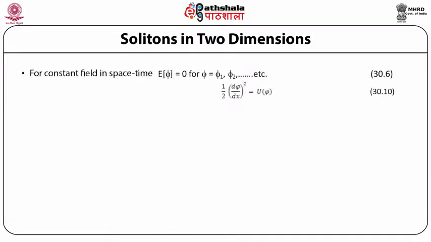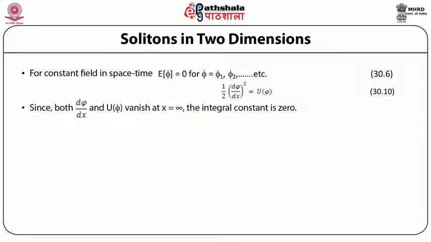For constant field in space-time, E of phi is equal to 0 for phi is equal to phi 1, phi 2, etc. 1 by 2 (del phi by del x) whole square is equal to U of phi. Since both del phi by del x and U of phi vanish at x is equal to infinity, therefore the integral constant is 0. We next move on to study the phi raised to power 4 theory.